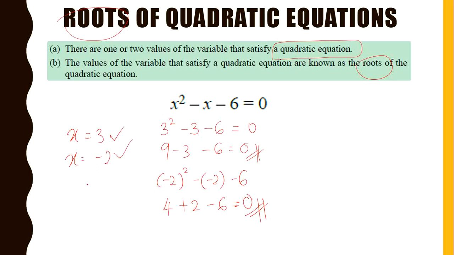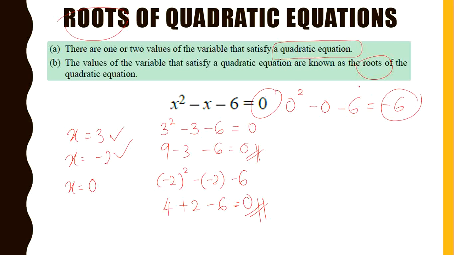Okay, let's say lah kalau kita cuba. Let's say kita nak try x equals to 0. Okay, kita substitute masuk. 0 square minus 0 minus 6. Okay, so 0 square is 0, minus 0 is 0, minus 6 we get negative 6 kan? Okay, so sama ke tak? Dalam root yang sebenar dia kata sepatutnya equals to 0 kan? Bila kita kira, bila kita masukkan value dia 0, kita dapat negative 6.